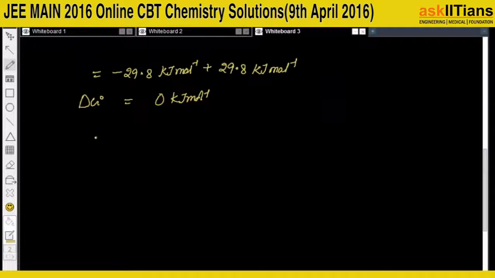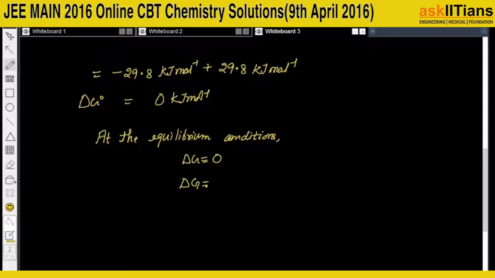Moreover, you should remember that at the equilibrium conditions, so when we have equilibrium conditions, we can write delta G also equals to 0.